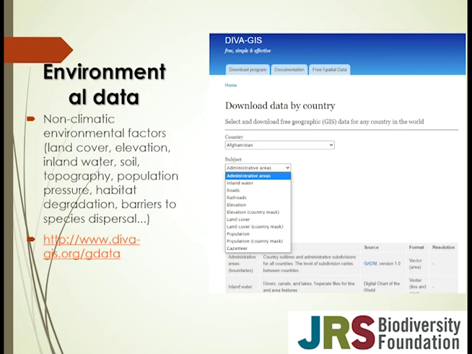With respect to this menu, you can click on it and choose your country, Malawi, and download the appropriate environmental layer suitable for you.